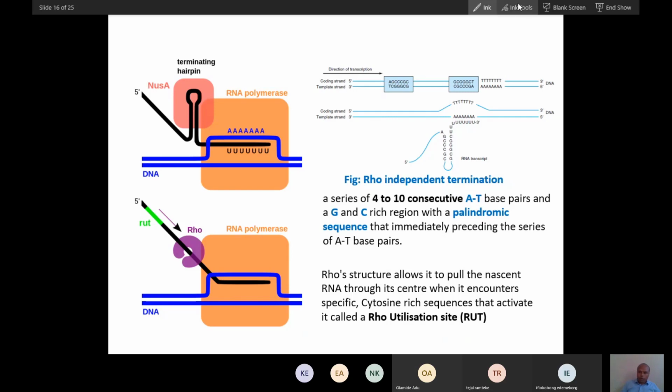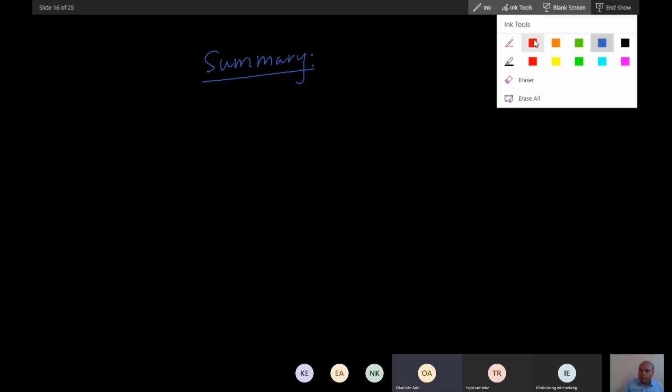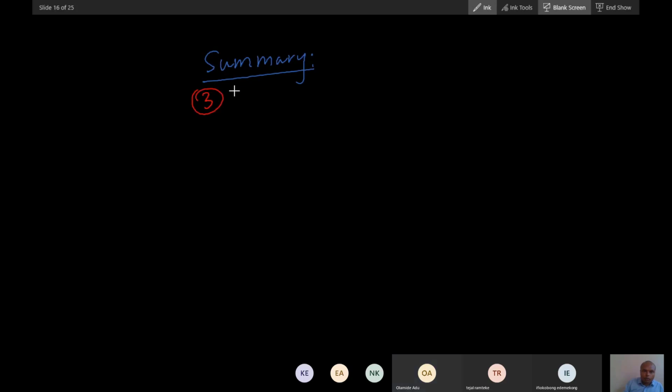This is the end of the RNA transcription process in bacteria. So how many steps are there for RNA transcription? Let's summarize. Three steps. So what are these steps? First step is initiation.